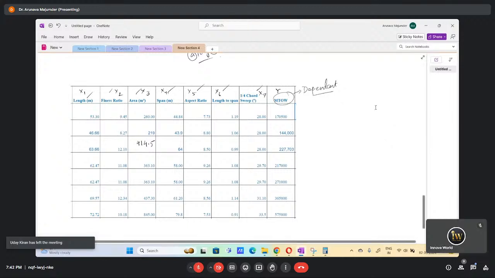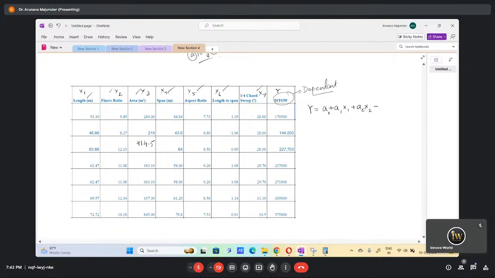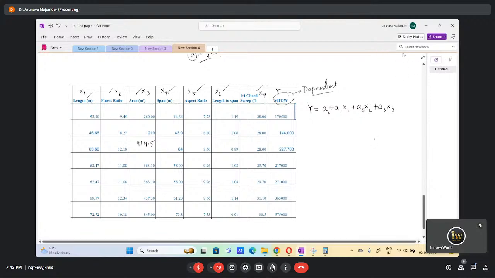So how can you make the model now? After applying the method, our linear model will be like this: y is equal to some constant a0 plus a1 x1 plus a2 x2 plus a3 x3 plus a4 x4 plus a5 x5 plus a6 x6 plus a7 x7.